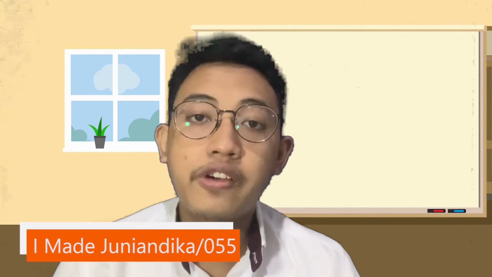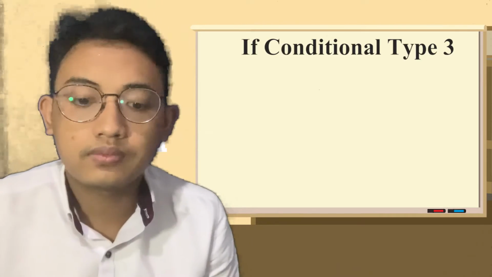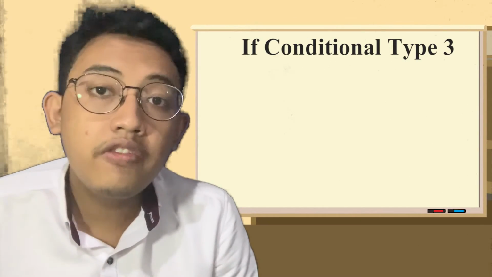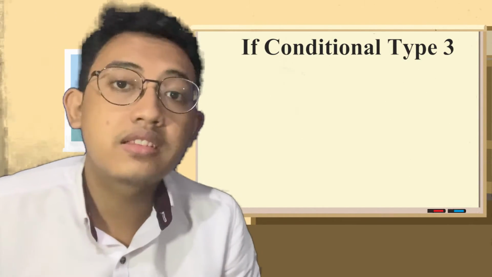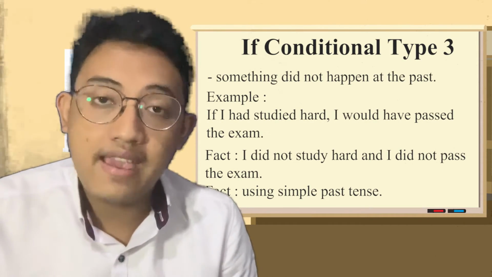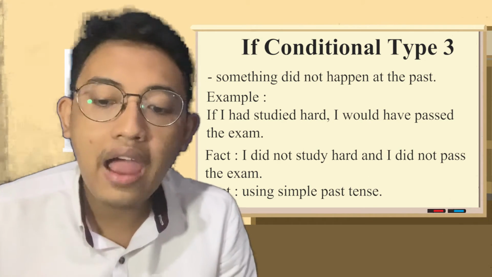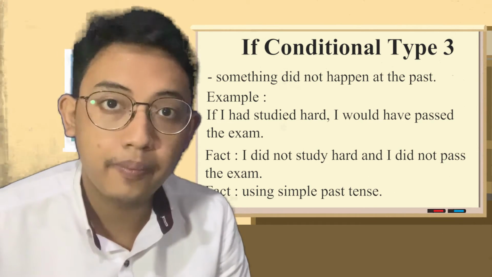So today for the grammar class, I want to talk about if conditional type 3. If conditional type 3 talks about something that didn't happen in the past. For example, if I had studied hard, I would have passed the exam.